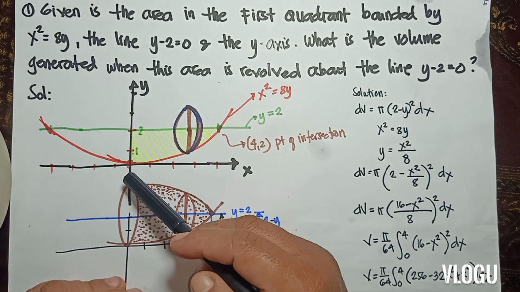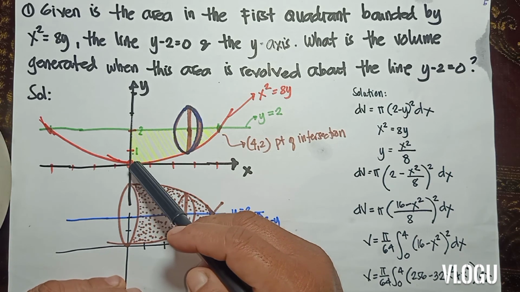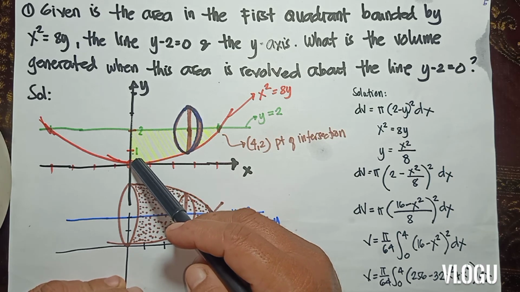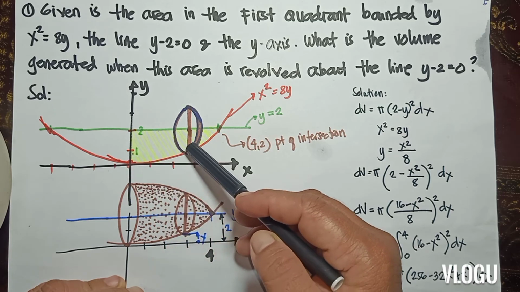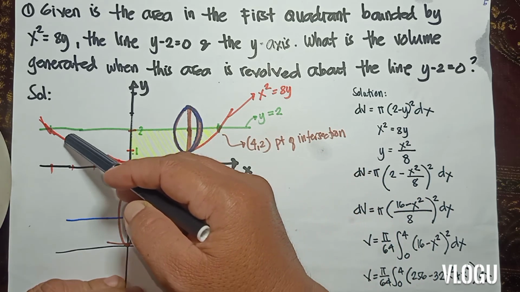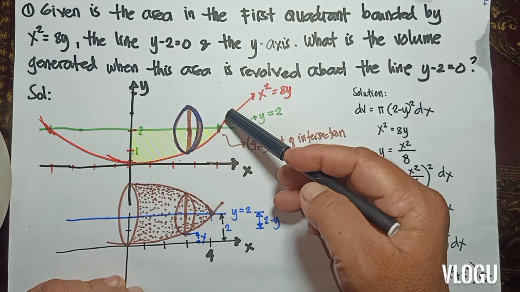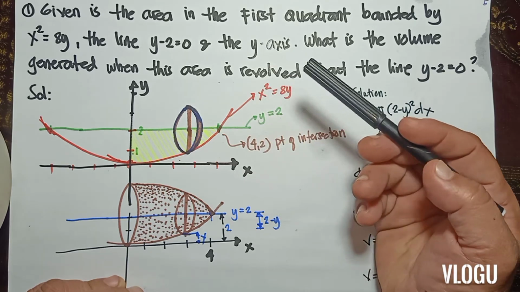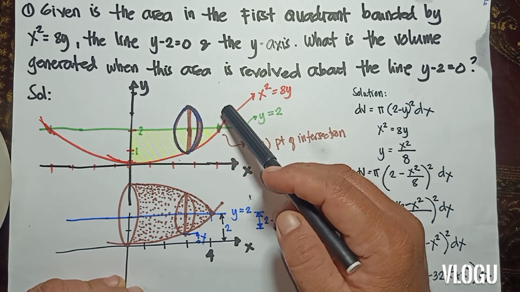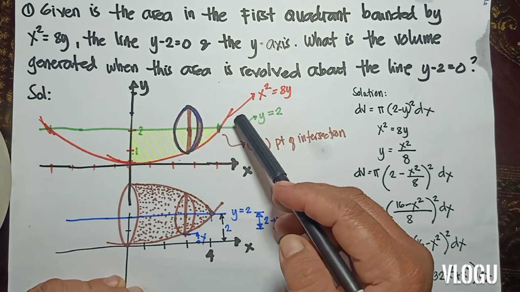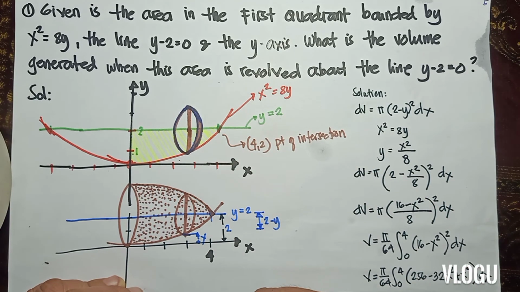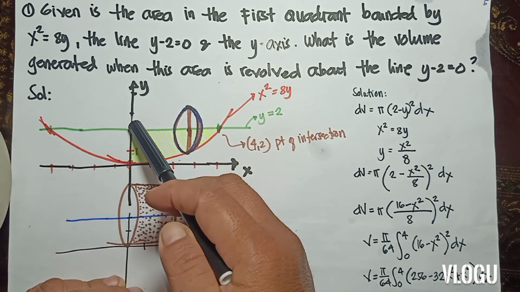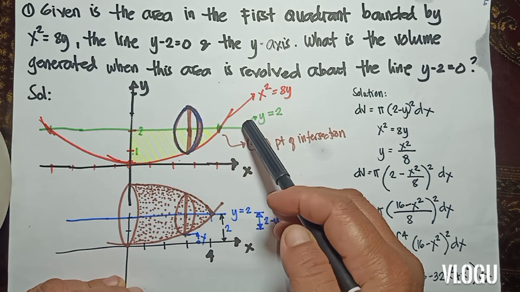What is now the point of intersection between the parabola, facing upward, and the line y is equal to 2? The line y is equal to 2 is simply a horizontal line that will cut at y is equal to 2.